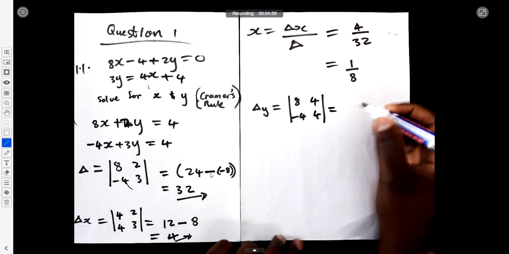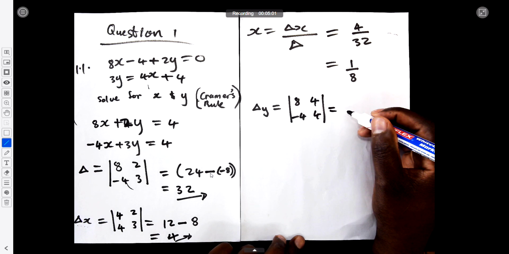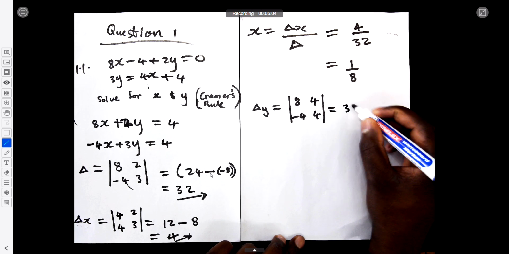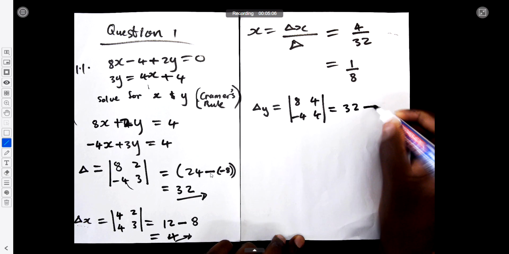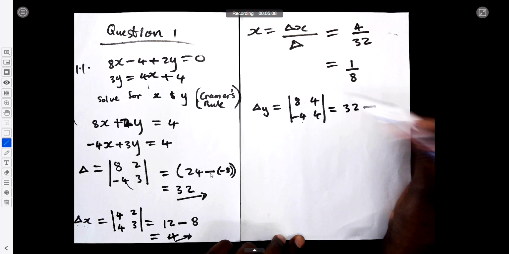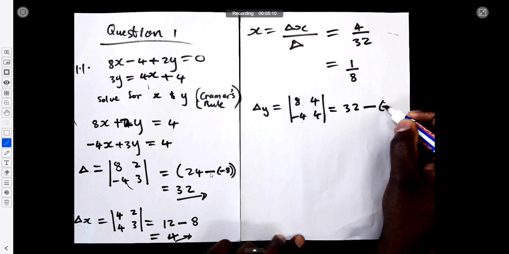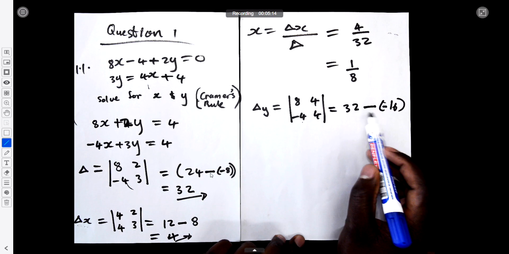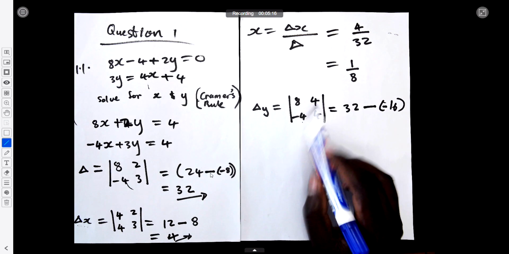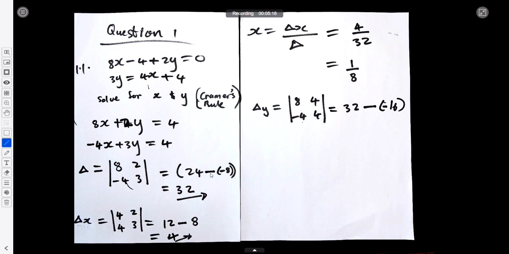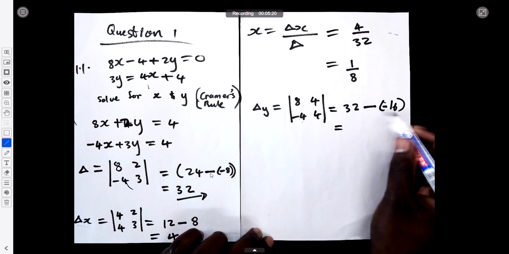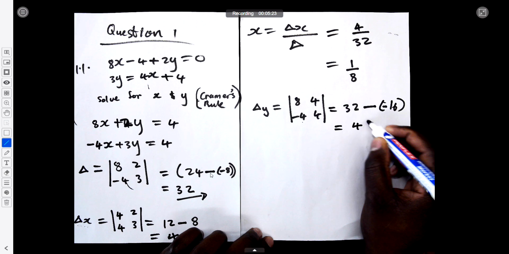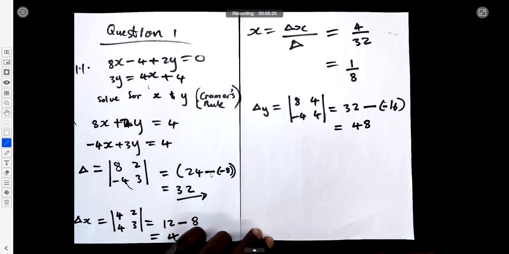Now we need to determine our delta y. 8 times 4 is 32, minus minus 4 times 4, which is minus 16. Pay attention to the signs: the formula always has a minus, and this came as a negative. So we have positive 16 plus 32, which is 48. We're done.